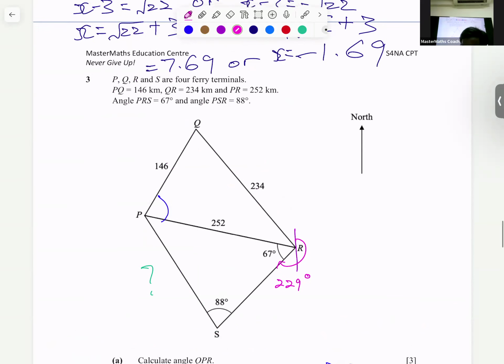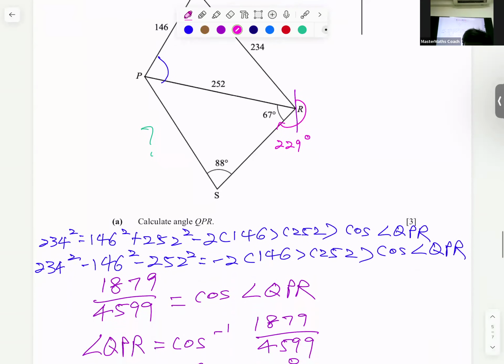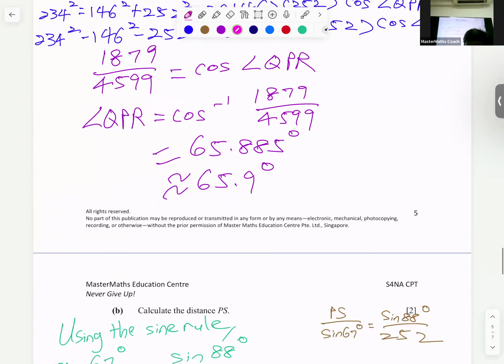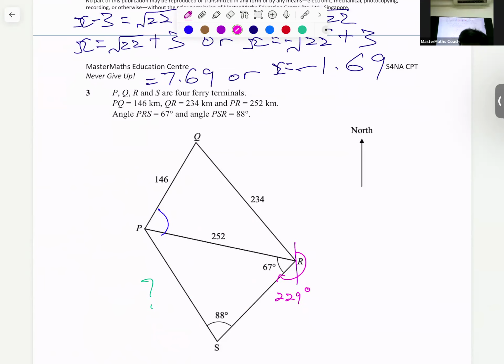Okay. We are supposed to find S from P. So what we need, okay, let's make the diagram a bit cleaner.